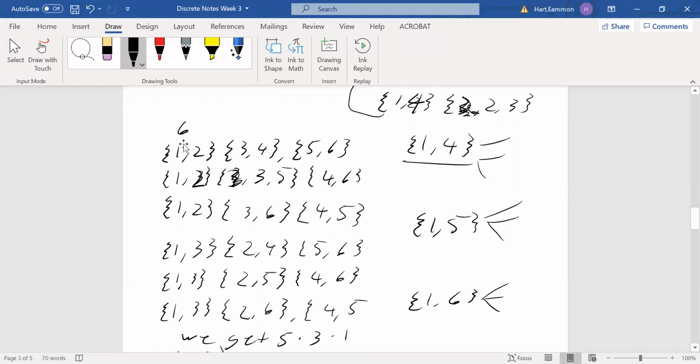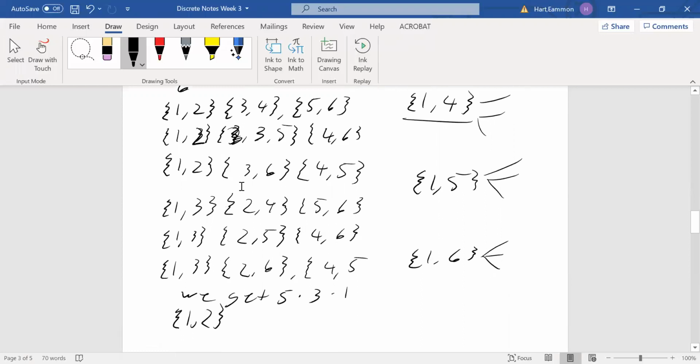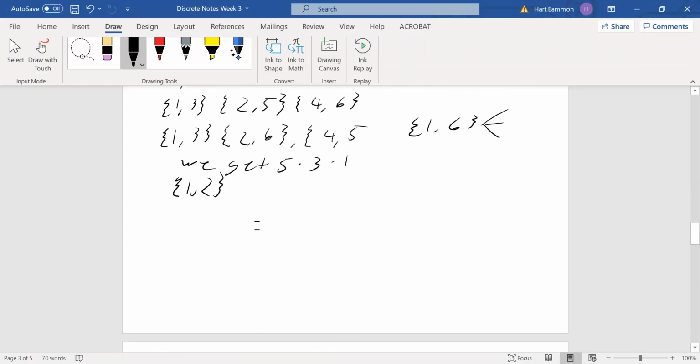I can just reassign the numbers, and I'd get sets that look like all of these guys. And that's 15 options.